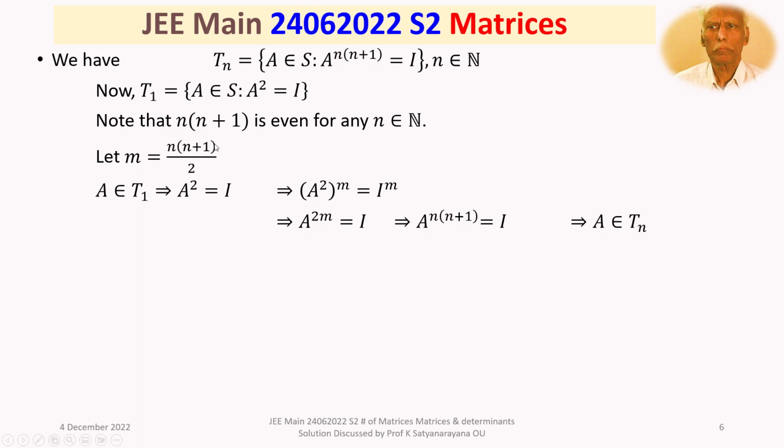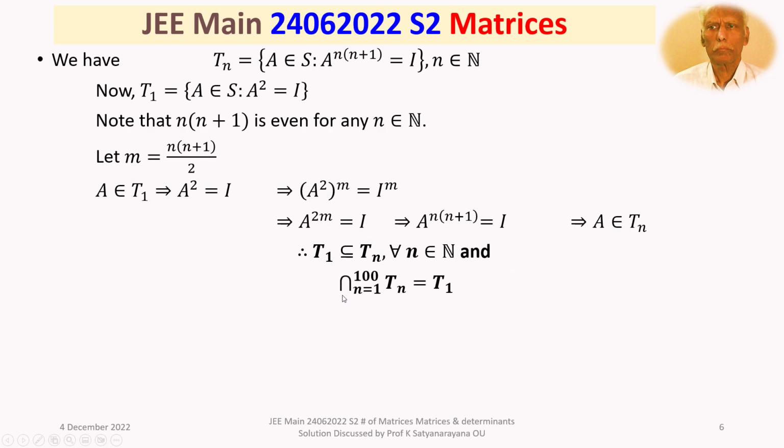What we have proved is that every element of T1 is also an element of Tn for any n, so T1 is contained in Tn for all natural numbers n.